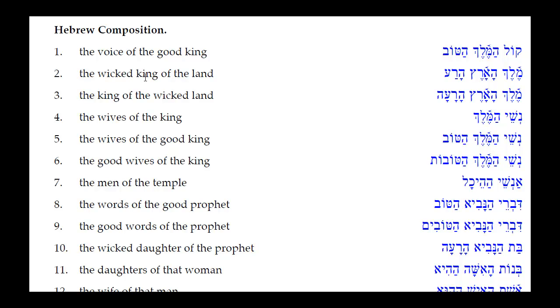The wicked king of the land. We would take king, which is the noun, and wicked is the adjective. So we would say melech, and then we have the absolute noun, ha'aretz. Ha'aretz, the land, is the absolute. King is the construct because it comes before the "of." So you want to look at the English, king of. So king is construct, land is absolute.